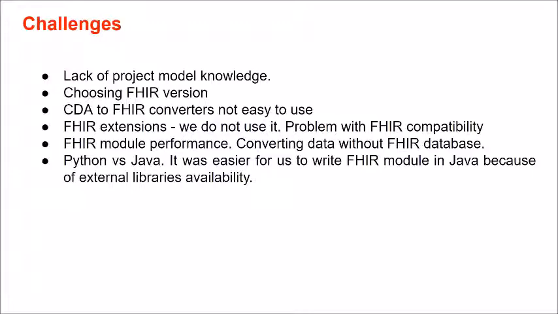Of course, you can use some cache, etc. However, I think in the future, even if you start with a new application, you write something new, it will be a good approach to choose a FHIR database, also because of the performance issue.